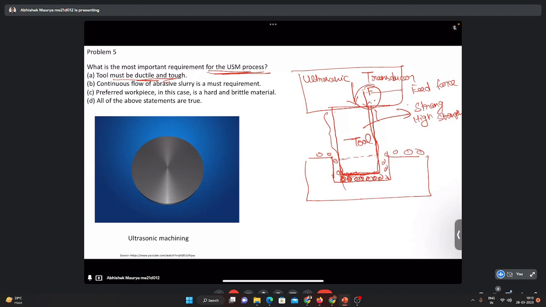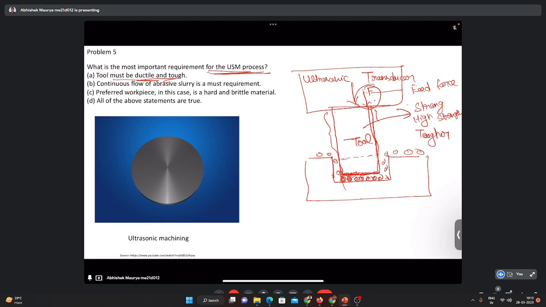Therefore the tool maintains its shape, and only localized changes take place. Therefore, we are looking for a tool which should be strong or tough, and at the same time it should be ductile so that it does not get machined by the abrasive particles.